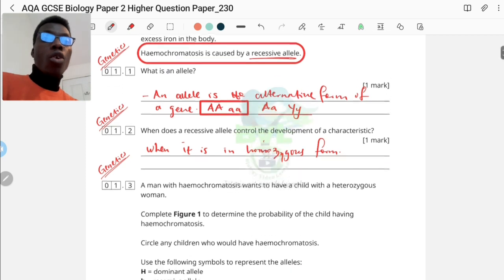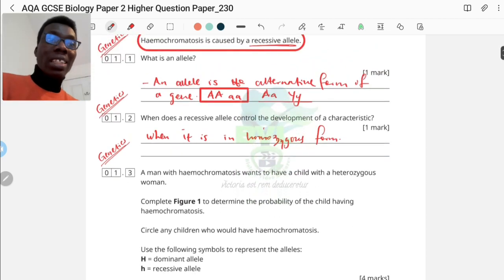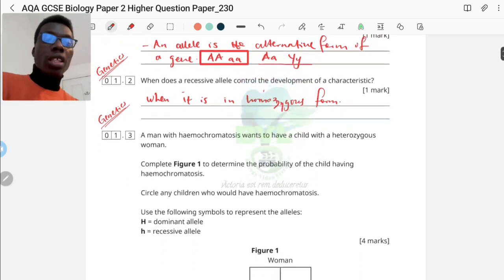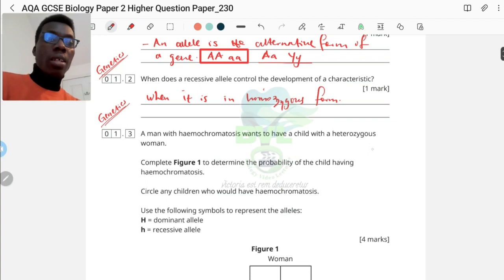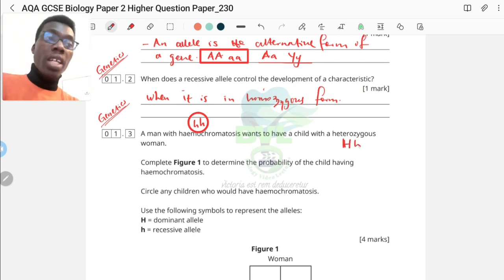That means for you to have this disease, it must be in homozygous form. So let's assume the H is used to depict that. The woman with it has two alleles in homozygous form, and she got married to a man who is heterozygous, so that man is going to be one big H and one small h.